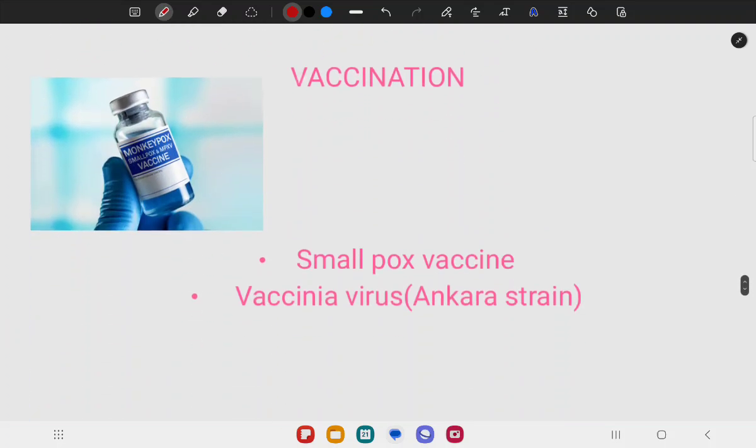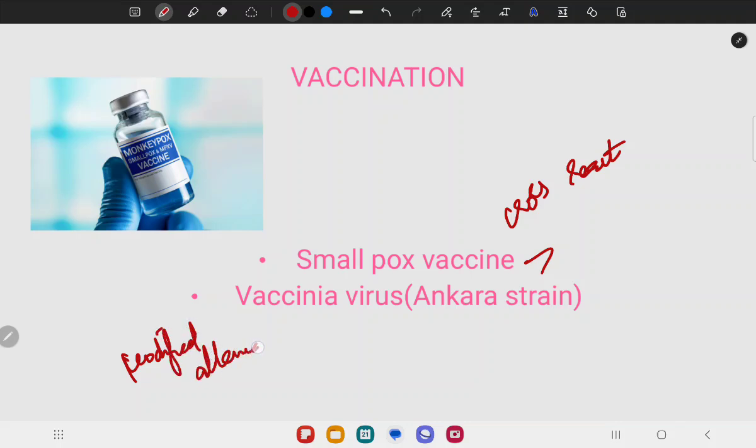Most commonly we use smallpox vaccines, because the antibodies produced against the smallpox vaccine cross-react with monkeypox. In those days, but now smallpox is totally eradicated, so these vaccines are not most useful. Another one is the modified attenuated vaccinia Ankara strain. These vaccines are used to treat the monkeypox virus.